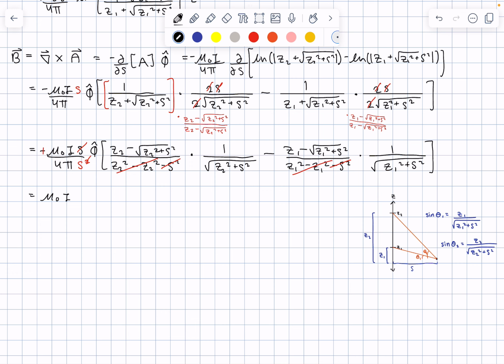Then this will be equal to mu naught I over 4 pi s in the phi hat direction. And now we can multiply these two together, right?